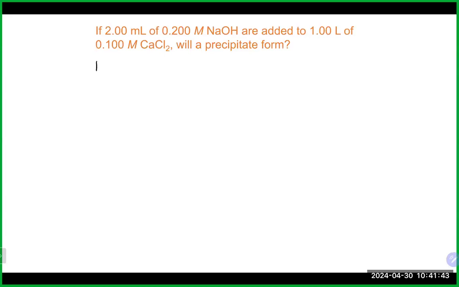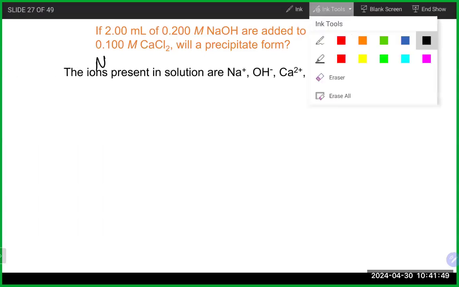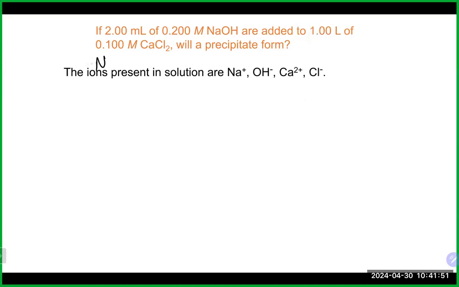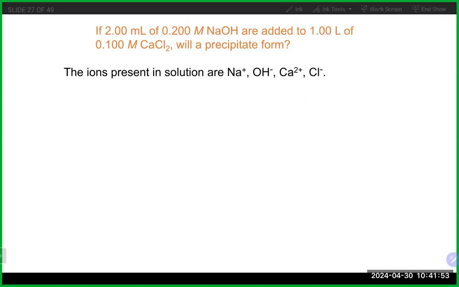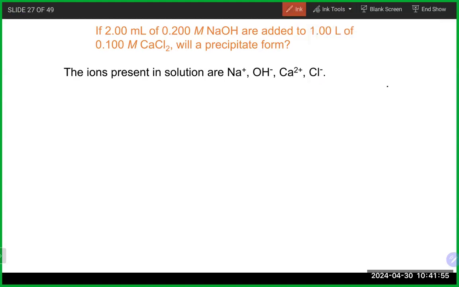So if you think about sodium hydroxide, we basically have these 4 ions present. We could have sodium hydroxide, calcium chloride. And you want to think about any combination there that might make a solid. And as you should probably know, we will have something here, maybe. There we go.